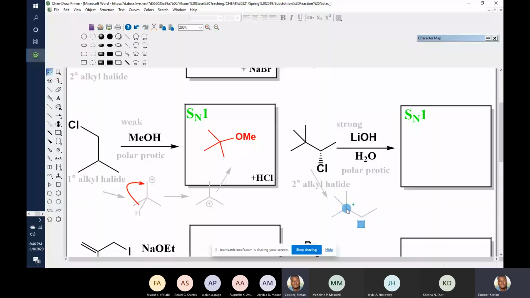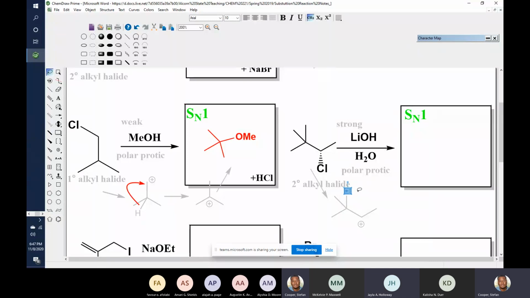But let's go to the left-hand side. Is there any hydrides over here? No hydrides. But is there anything over here that could shift? A methyl. Yeah, methyl. So this is when a methyl shift now becomes productive. You lost me.